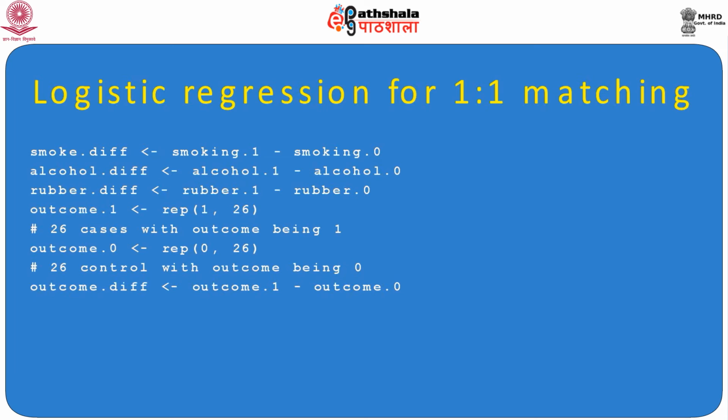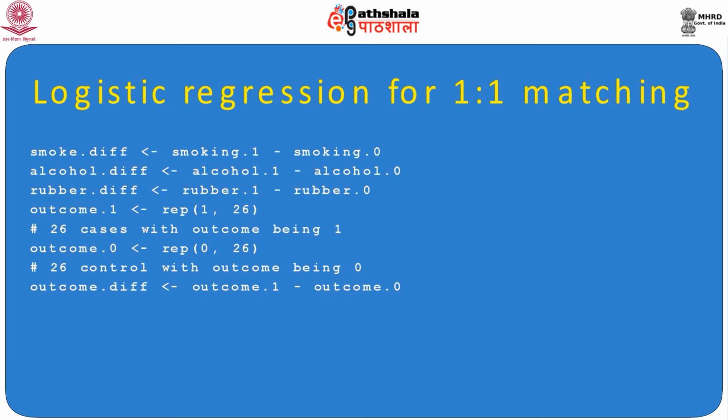In addition, we can consider the additive model where smoking.diff, alcohol.diff as well as rubber.diff are included. We will get a different AIC value, and in that scenario the model with the minimum AIC can be considered the best fitted model. However, we are not going into the fitting criteria here, but AIC can be used to check the model fit.